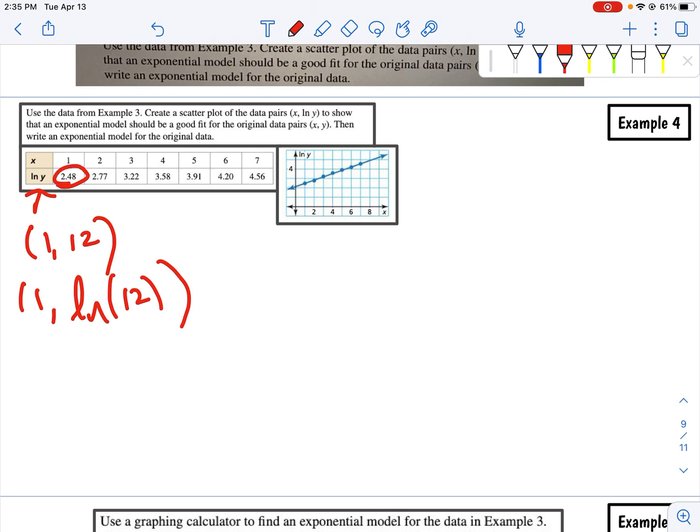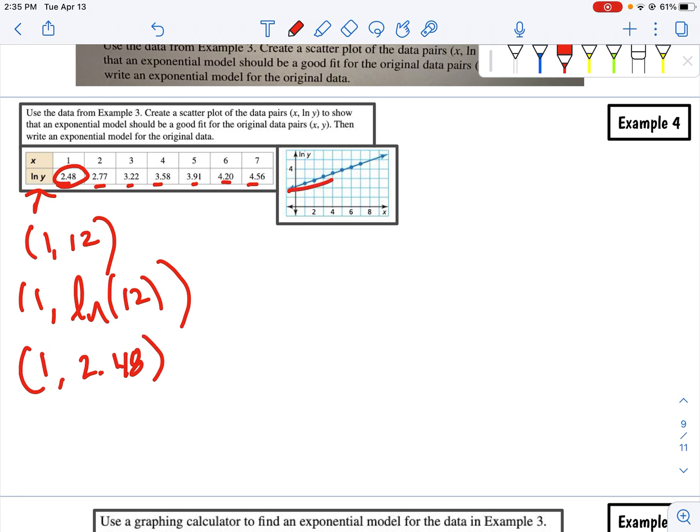So that's where this comes from, like you saw. ln of 12 is just 2.48, and they would do that with each of those y values, and that's where these points all come from here.